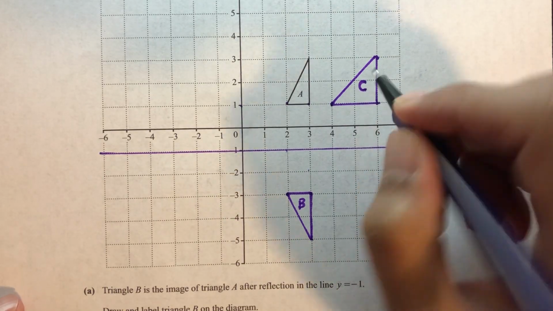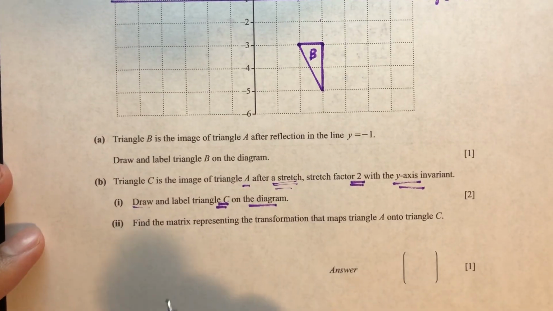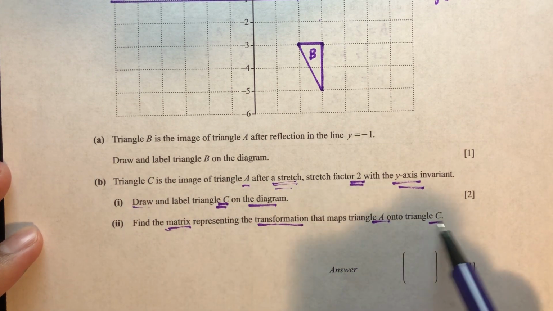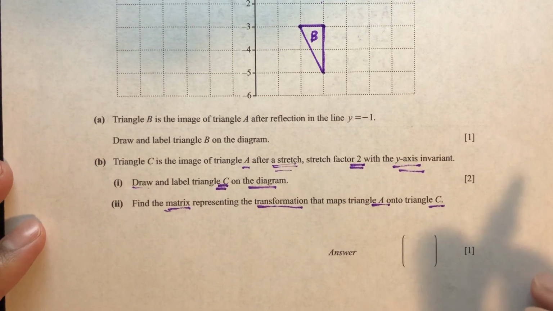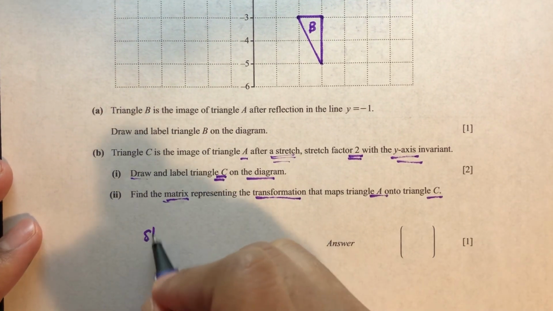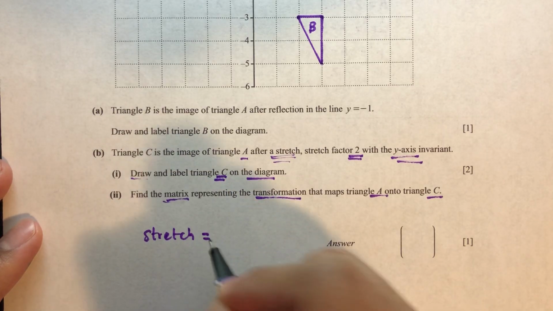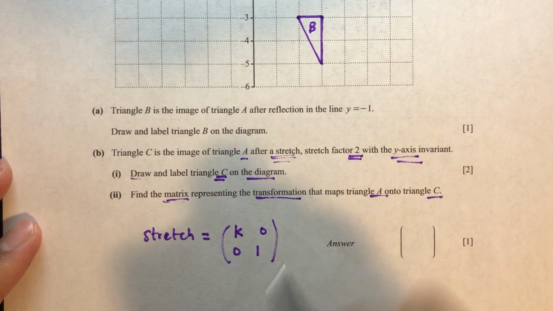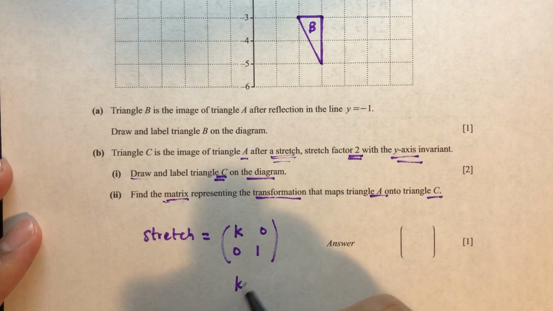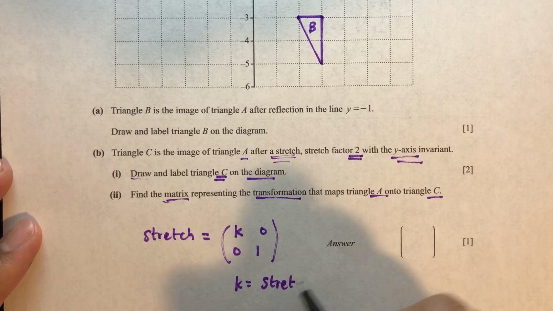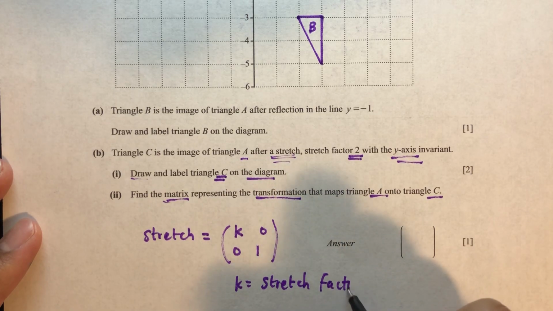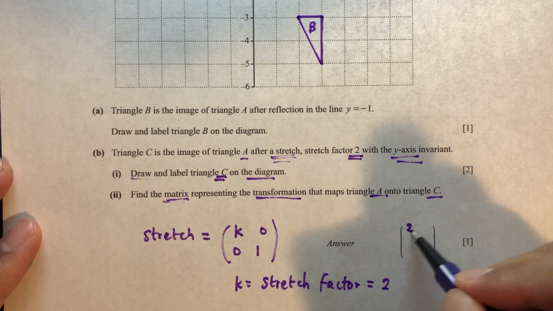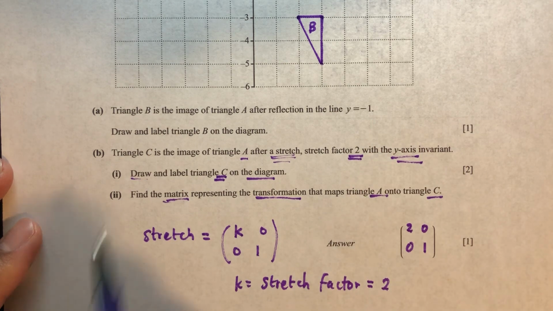So let's label this C. You'll see in this question: find the matrix representing the transformation that maps A onto C. For any stretch transformation, the matrix looks like this: K, 0, 0, 1, where K is the stretch factor. In this case, K is equal to 2, so the matrix is 2, 0, 0, 1. That's it for part 2.